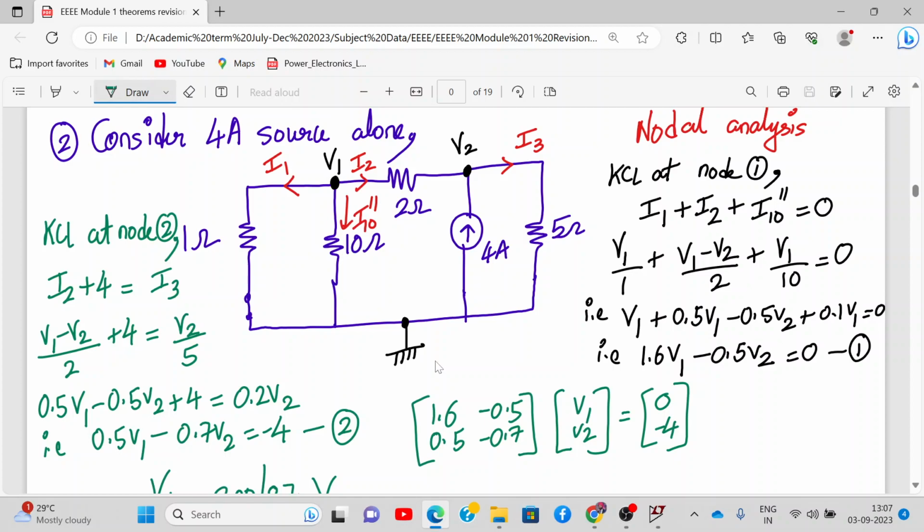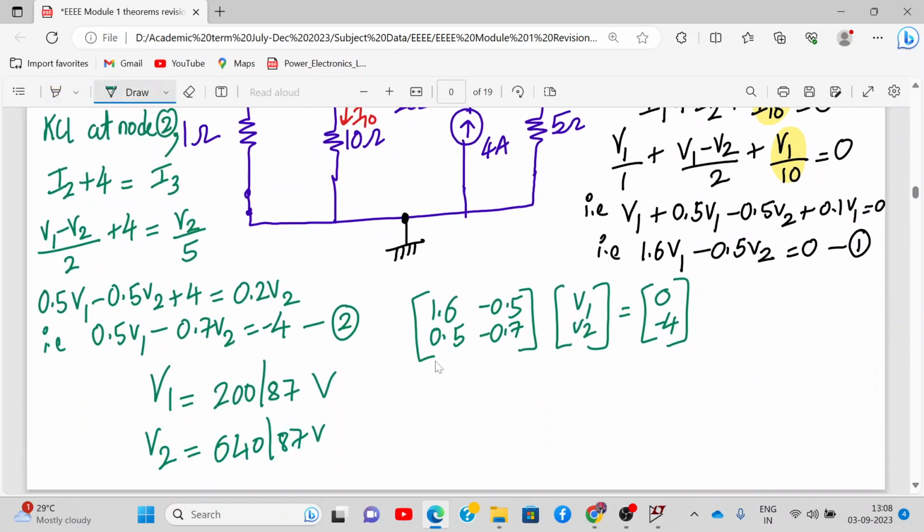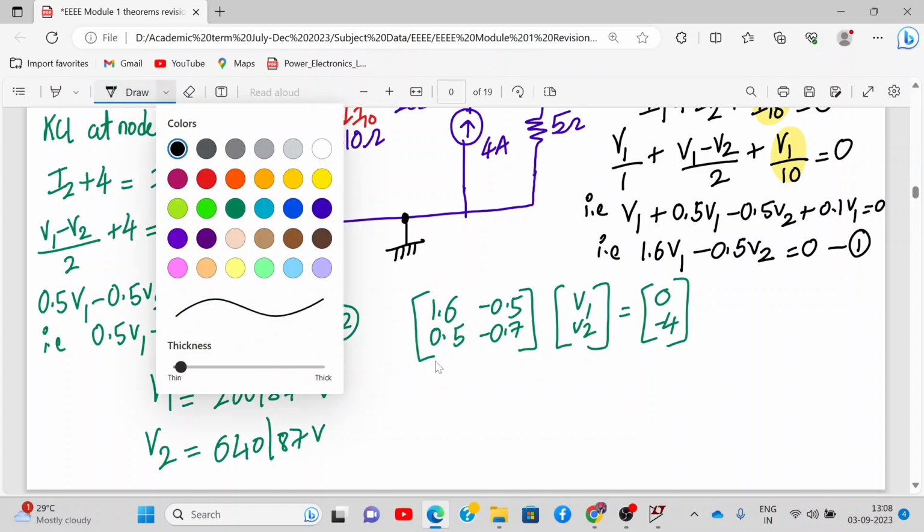So you can substitute V1, V2 in that equation. No, wait. I10 double dash is V1 upon 10. You can see we did this here. Correct? I10 double dash is V1 minus 0 upon 10. It is very simple.